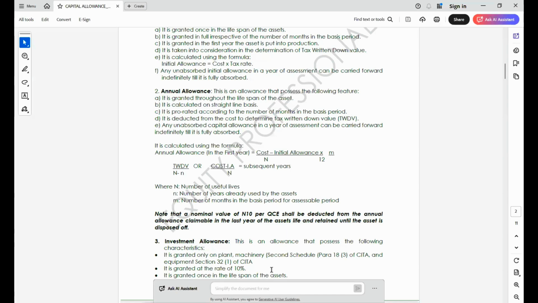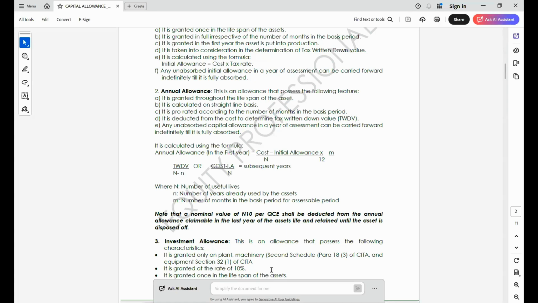By law, you are expected to retain 10 naira for each category of asset. Please, at the end of the useful life of the asset, when you are computing, you are going to leave 10 naira as the nominal value of that qualifying capital expenditure.